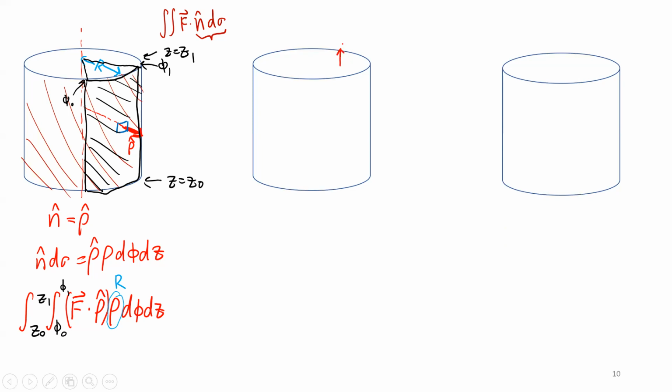Of course, if you want to consider another one that's pointing down, that's fine, but let's say here I define my orientation such that I take this one as my normal vector. So in this case, the normal vector would be z hat.